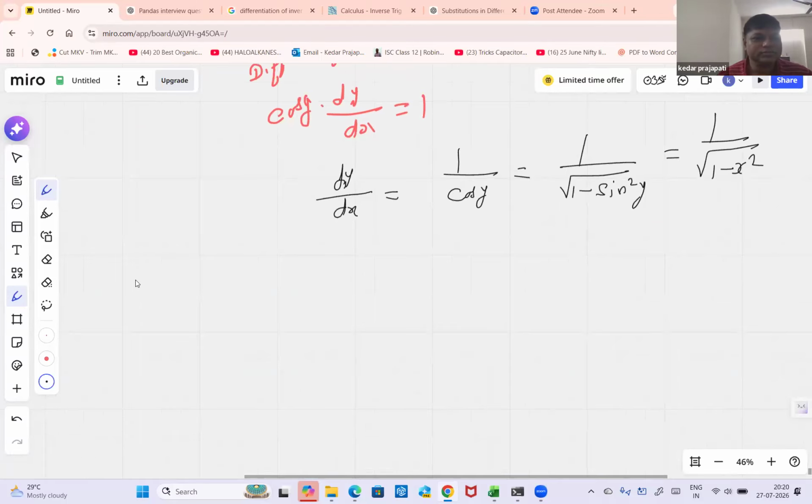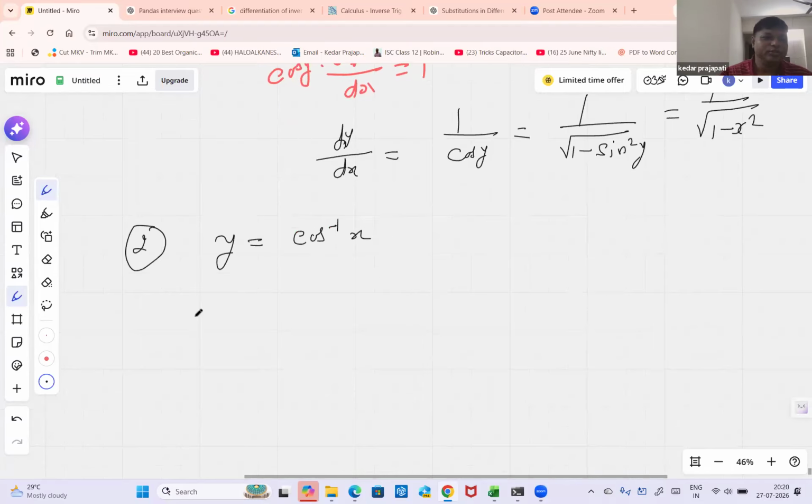Now second, y equal to cos inverse x. I am assuming this, right? So dy by dx of this we have to find, correct? So dy by dx is equal to how much?